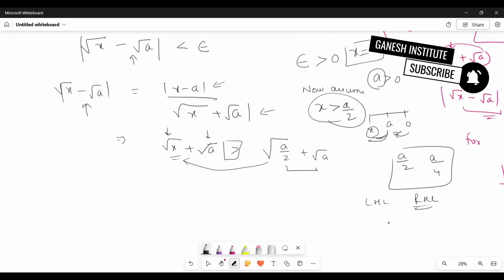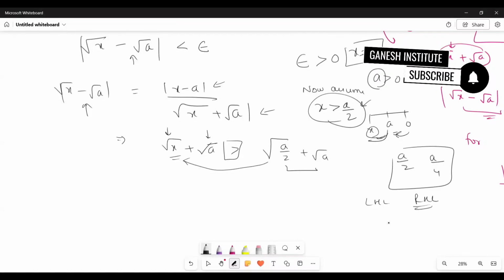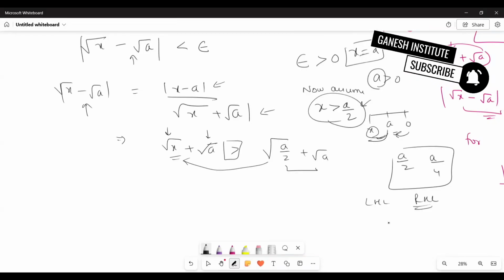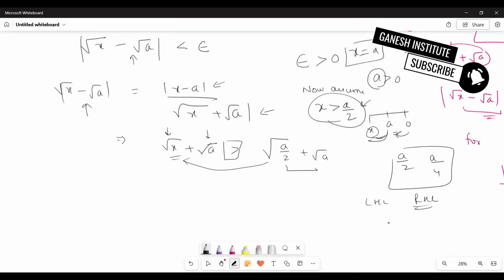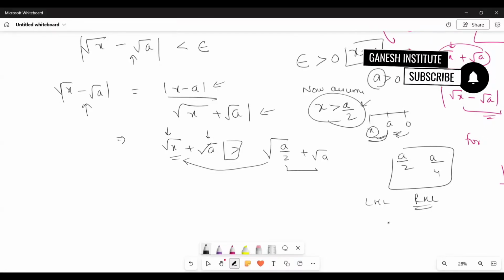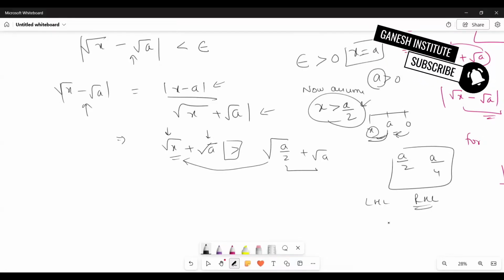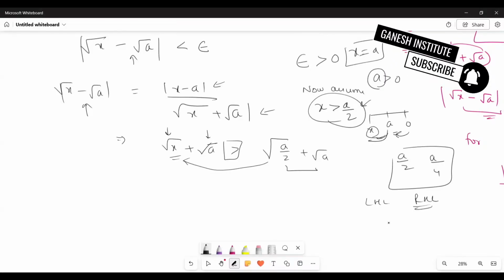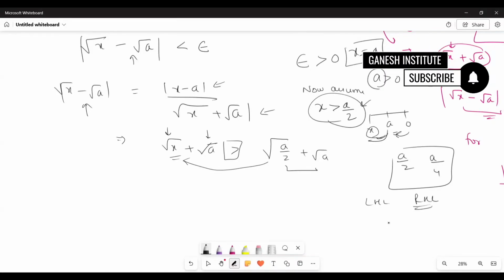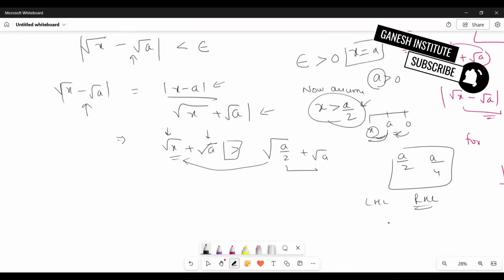So you have considered half of a or 1/4 of a, and you have assumed that x is greater. Why greater? Because the more the value you are having, and in spite of the fact that the value is more, you are making the function bounded. Okay?